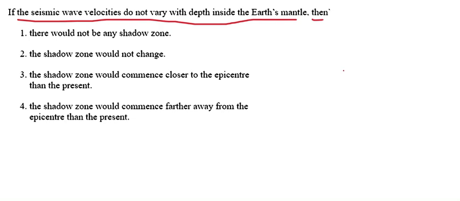Mantle is made of a single material. But we know that with the increase of depth within the earth, the velocity of P wave and S wave varies. This depends upon the density of the material. That's why both the curves change with depth.